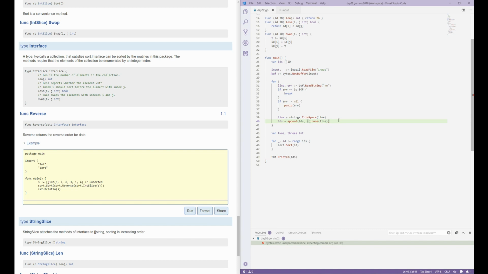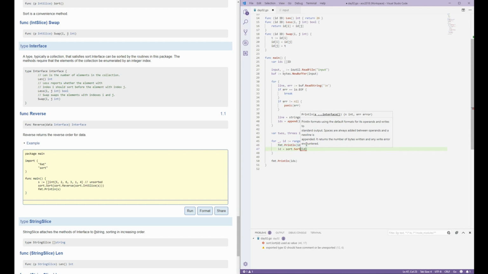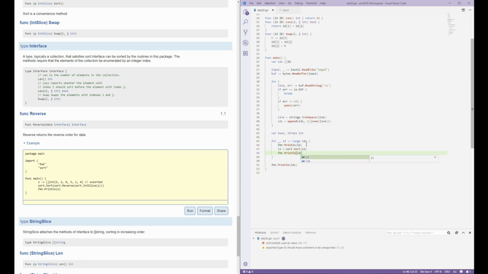Oh, then I need another. Declared and not used, blah, blah, sort. Can I just do that? Let's do, sort used as a value, which is not.